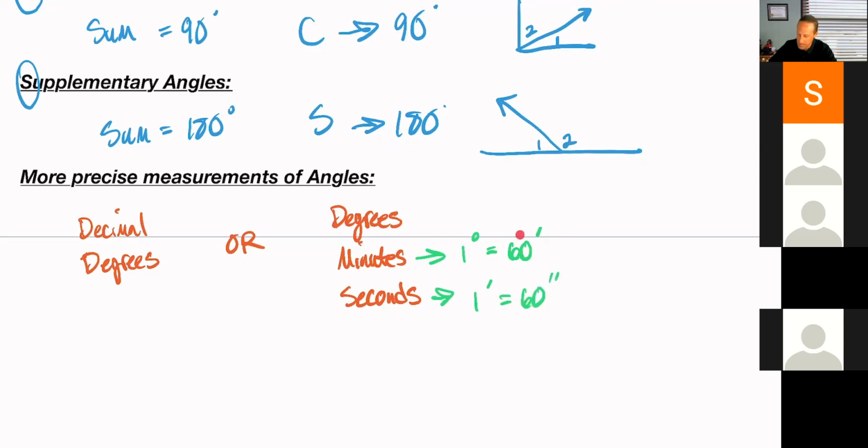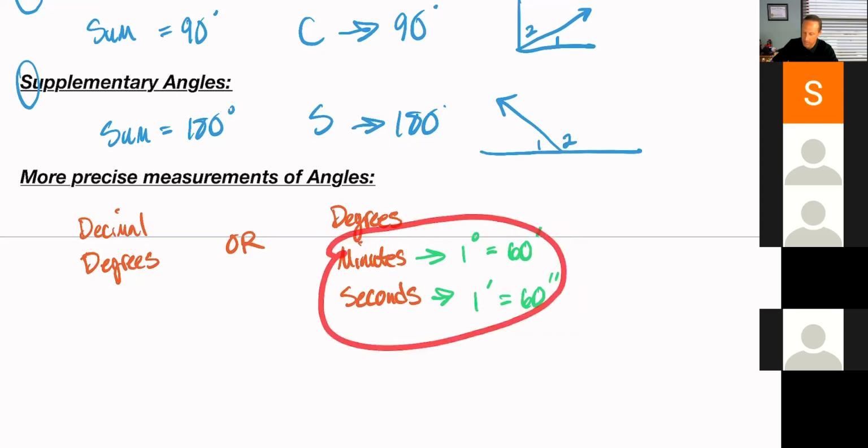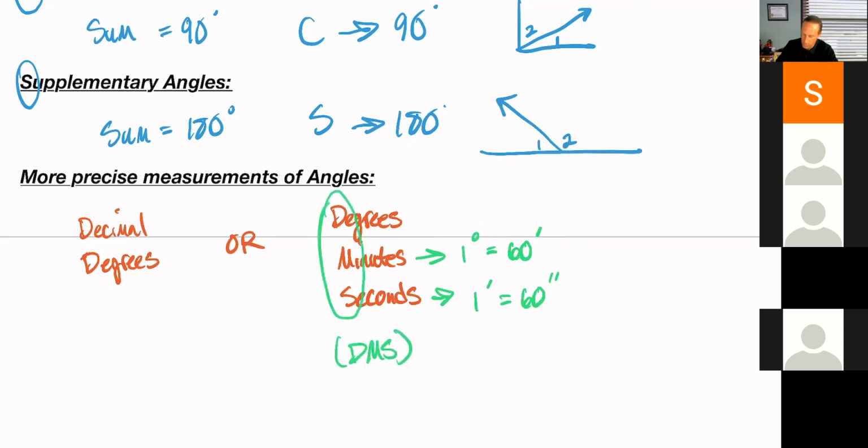And you guys may have seen these over the last couple weeks if you're watching track and field or the swimming, because it comes down to very, very close times. Because of how fast these people are, they got to go down to the tenths or hundredths of a second. So this is the new thing that you have to make sure that you memorize and be able to use. And we will do things like this, which for short, we'll call it DMS, degrees, minutes, seconds, or over here, decimal degrees.